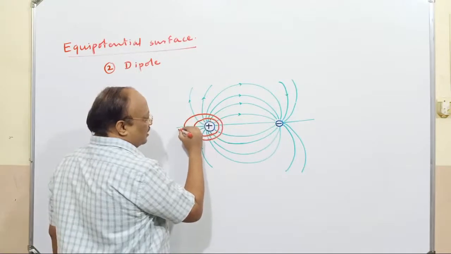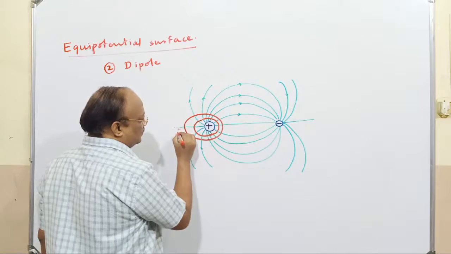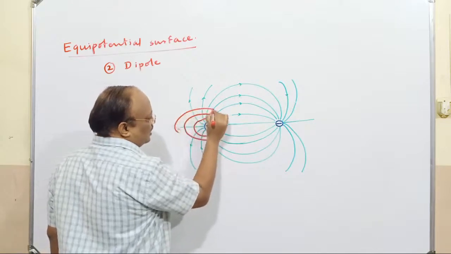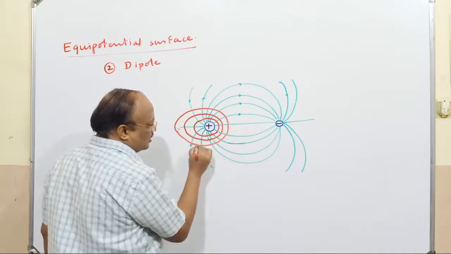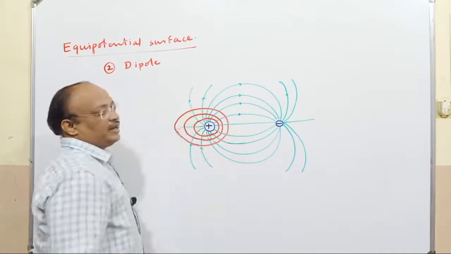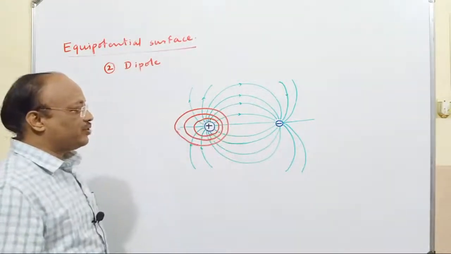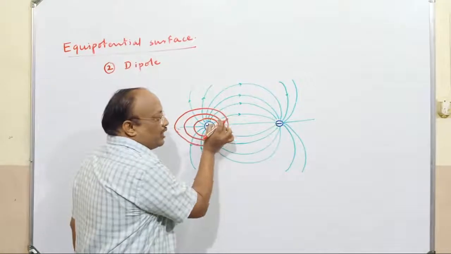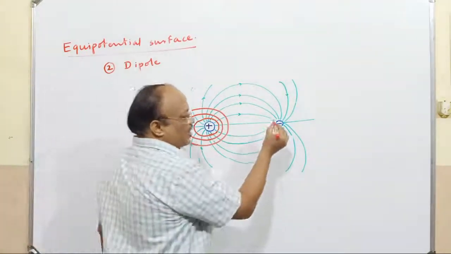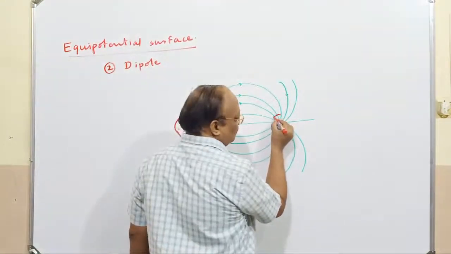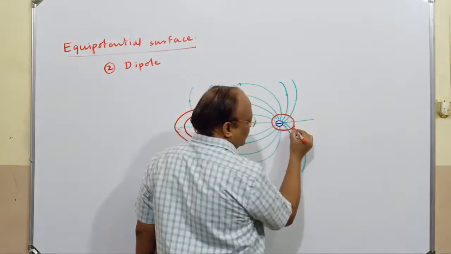Same thing, the spacing will be a little more this side. Spacing increases, whereas the spacing between the equipotential surfaces is very close this side. Same thing we are observing here also. It will be somewhat like this.